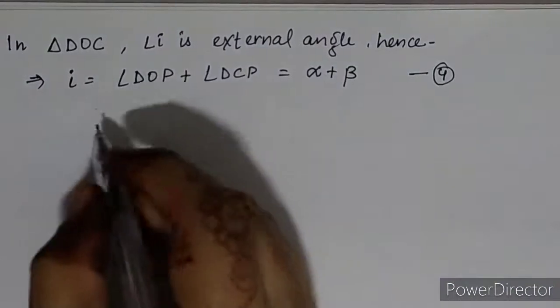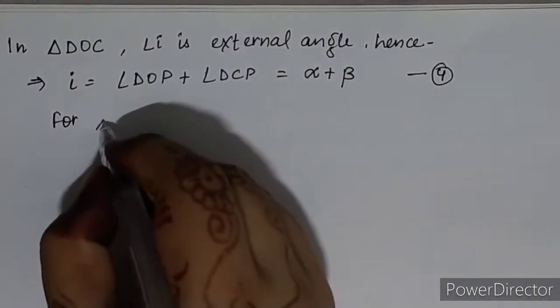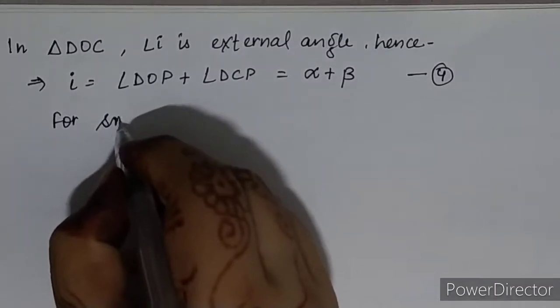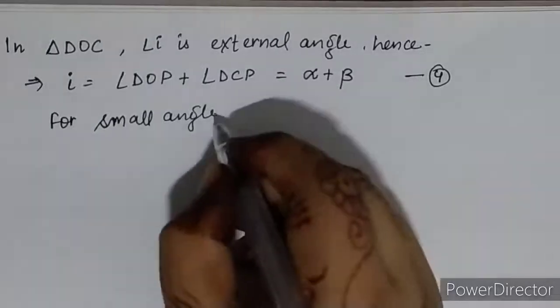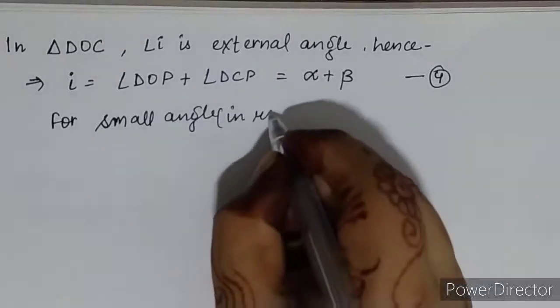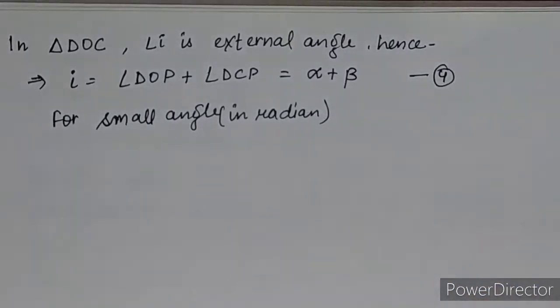Now if the angle is very small, a small angle in the form of radian, because it is a plane angle. You know that in 11th standard, chapter 1, units and measurement, we studied two types of units, fundamental and supplementary.